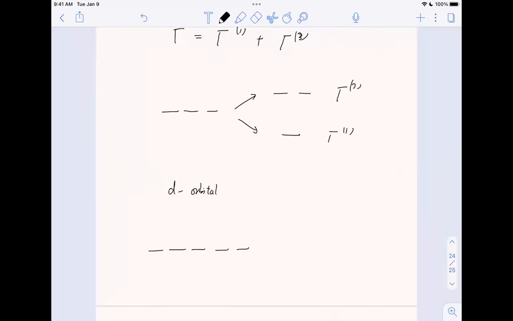But after you put it into MoS2, then the group is reduced into, I think, the D3h group. Then this one will become this summation of these three different representations. We will deal with more of this later.